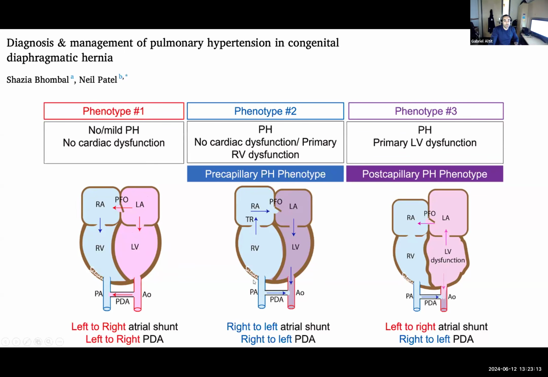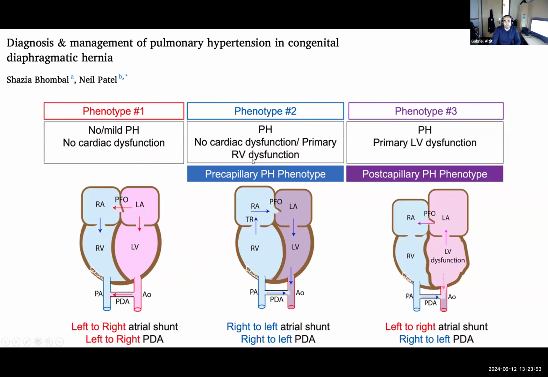Now, more and more, as I mentioned, we have these patients who seem to have a significant component of right to left shunting at both the atrial and ductal level, where the RV becomes quite exposed to high afterload, which can create compromise to the RV function and eventually compromise to the pulmonary vasculature in terms of providing output, which makes these patients severely hypoxic because you get these pop-offs, if they're still open and still patent, into the systemic circulation, leading to profound hypoxia at the preductal level and eventually even more so at the postductal level.